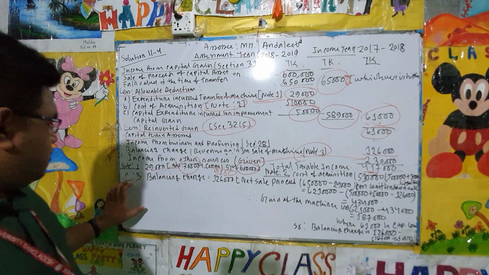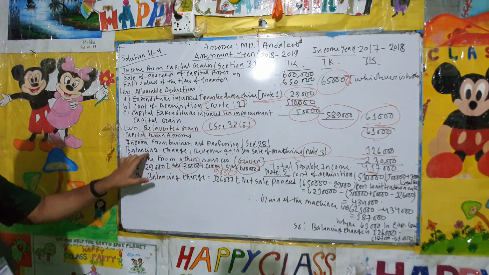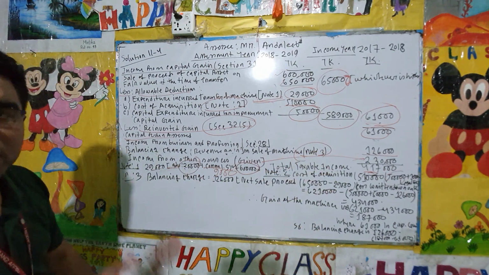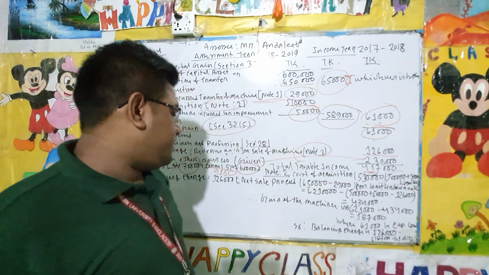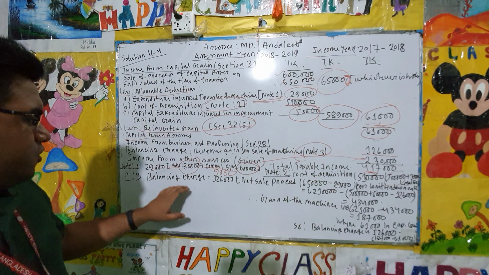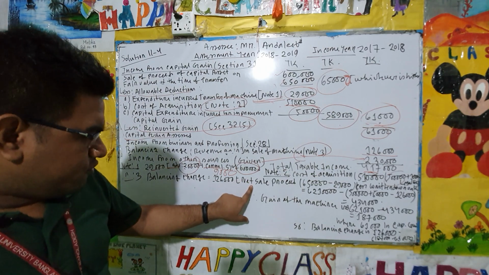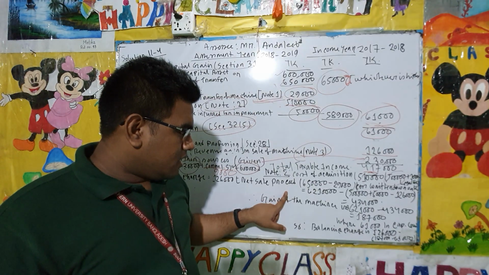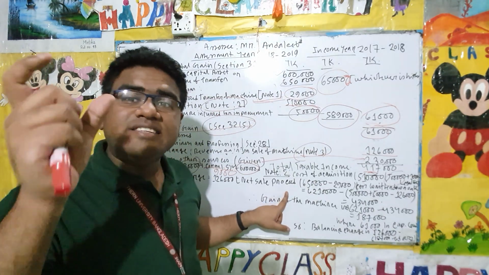Now, last note, note number 3, balancing charge here. Note number 3 is 1,26,000. How did you get 1,26,000? So, net sales proceeds means after selling, how much I have. What's the net sales?